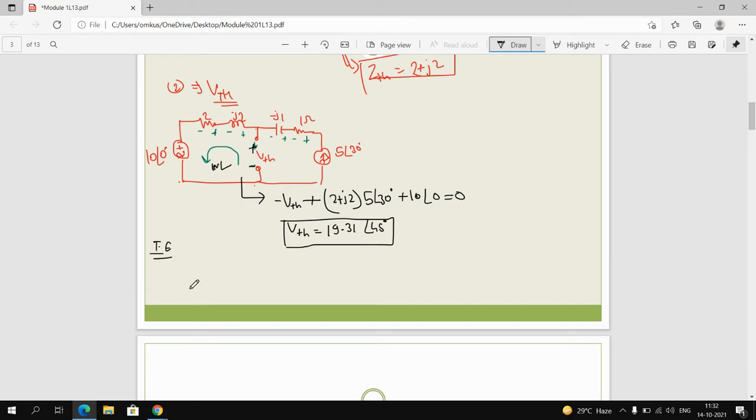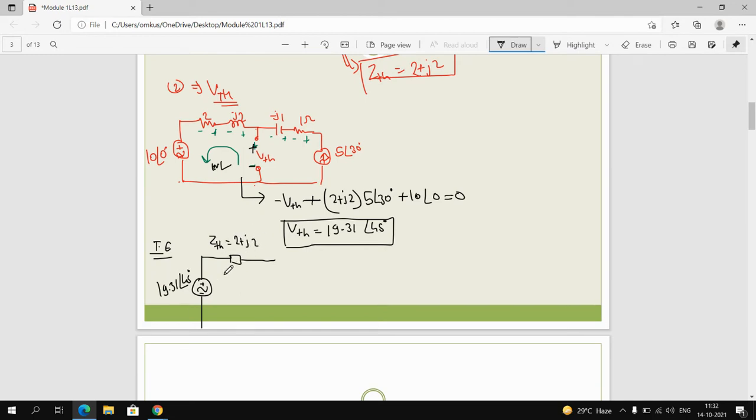Thevenin's equivalent is nothing but the voltage source. The value of this voltage source is 19.31 at an angle of 45 degrees, connected with Thevenin's impedance. What is the Thevenin's impedance? ZTH is equal to 2 plus J2.